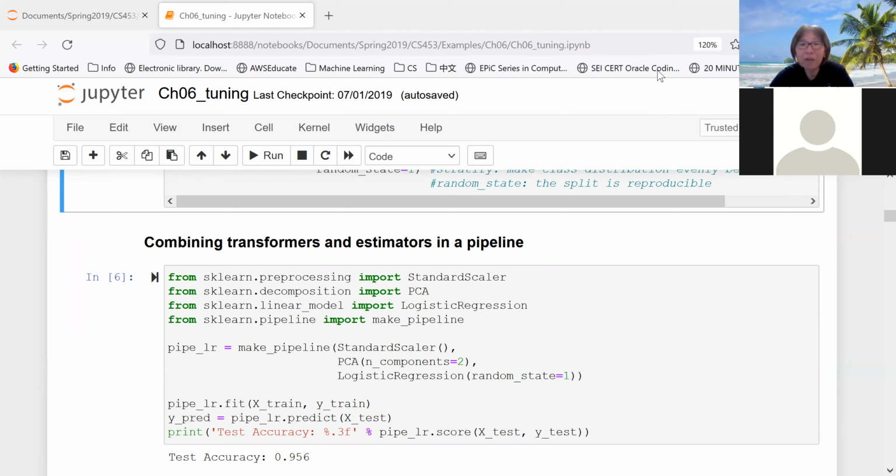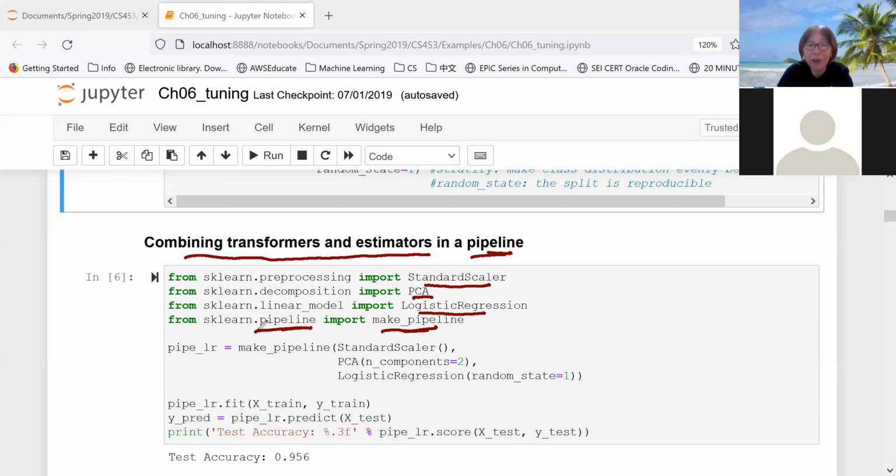Then the next thing is to show how we can combine the transformer and estimator in a pipeline. For feature scaling, we are going to use the standard scaler. For dimensionality reduction, we are going to use PCA. As a model, we are going to use logistic regression. For the pipeline, you need to import make pipeline from the pipeline package.